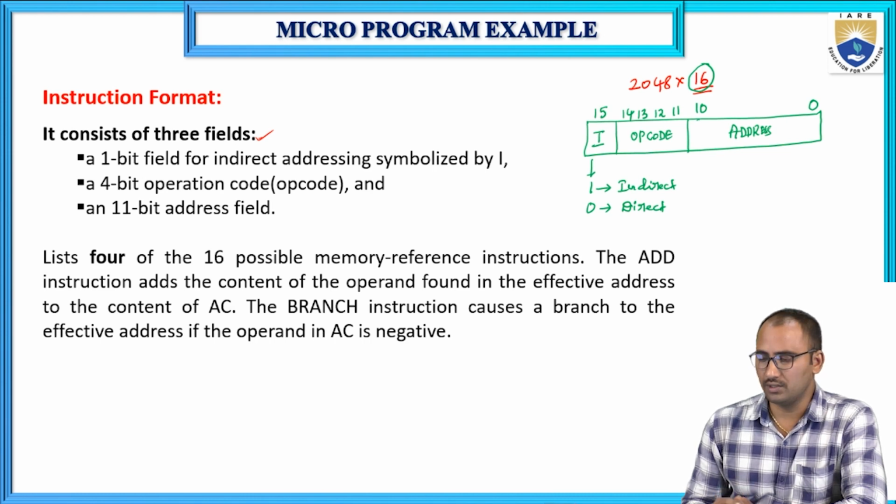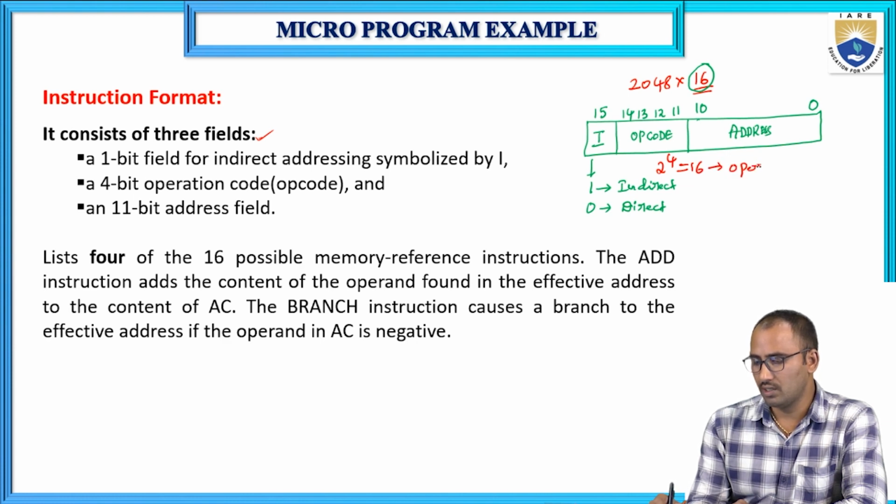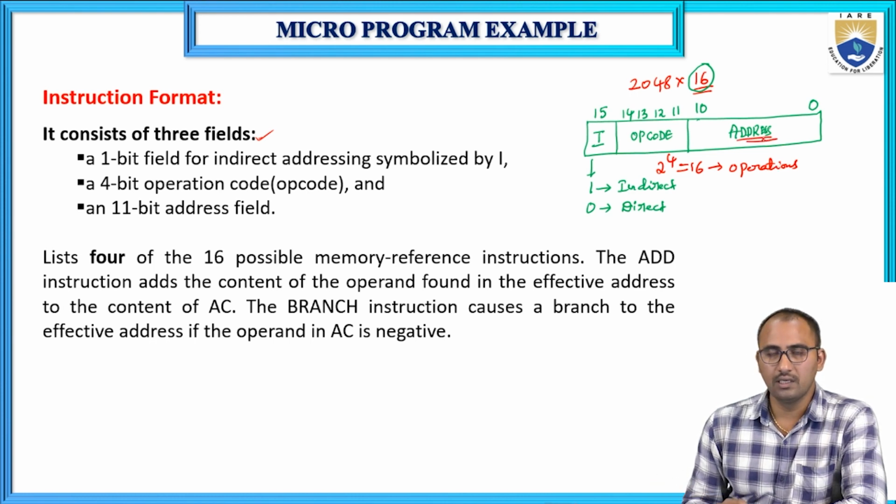That means 2 power 4, which is 16. So in total 16 operations we can perform. And this address represents the address of the operand. Okay, so this is about the instruction format.